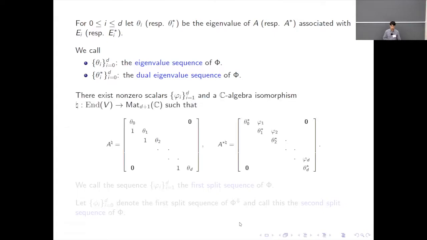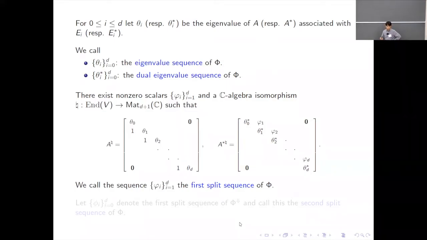And it's known that there exist nonzero scalars, say varphi_i from 1 to D, and a C-algebra isomorphism from End(V) to Mat_{D+1}(C), so that the image of A is a lower bidiagonal matrix, and the image of A* is an upper bidiagonal matrix. Each entry is given by the eigenvalue sequence and dual eigenvalue sequence, together with the sequence of varphi_i. We call this the first split sequence of Phi.